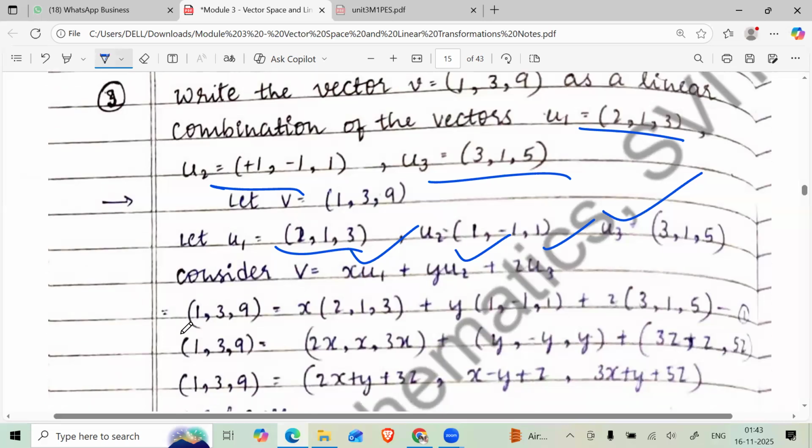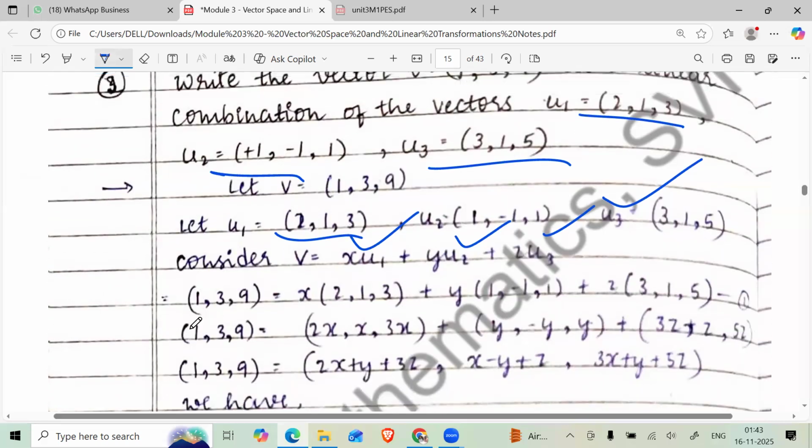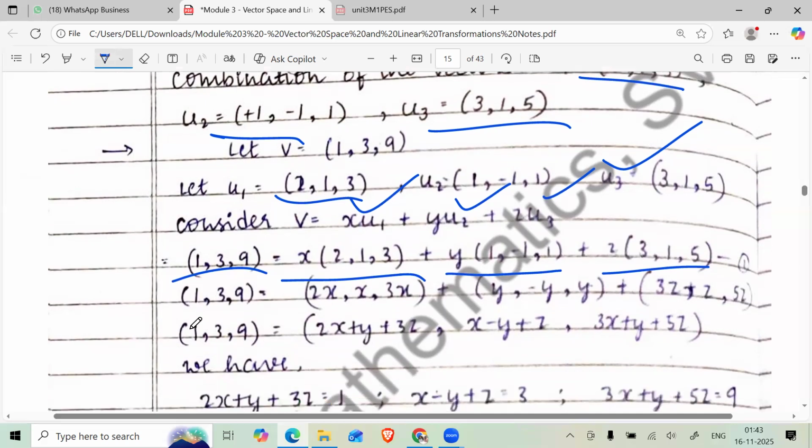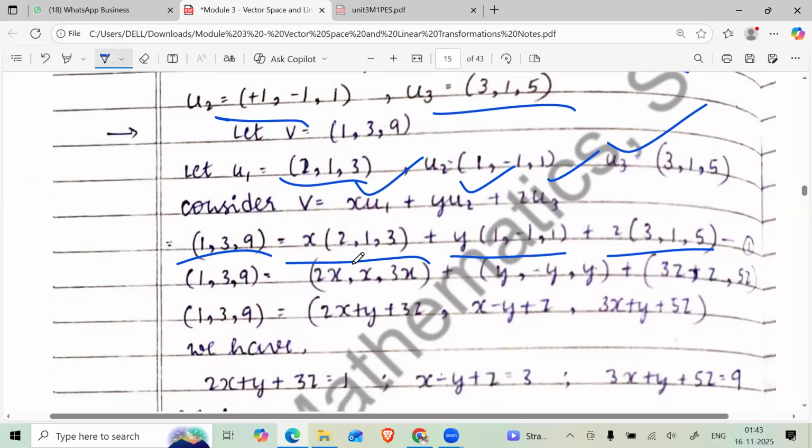So we should manually do this question. Then what is it? (1, 3, 9). This is linear transformation. (1, 3, 9) equals x (2, 1, 3) and so on. Then multiply this in. That's it. Then add all the first terms equal to 1.